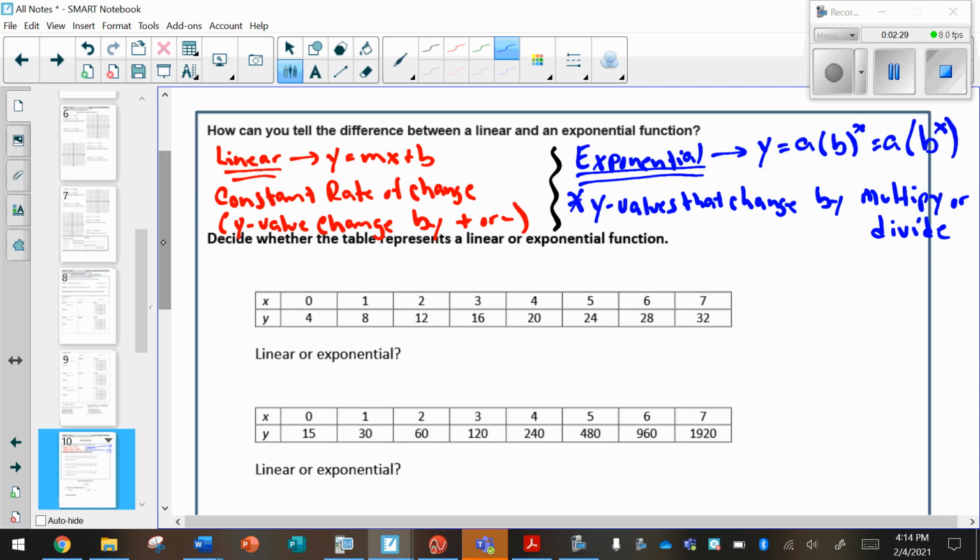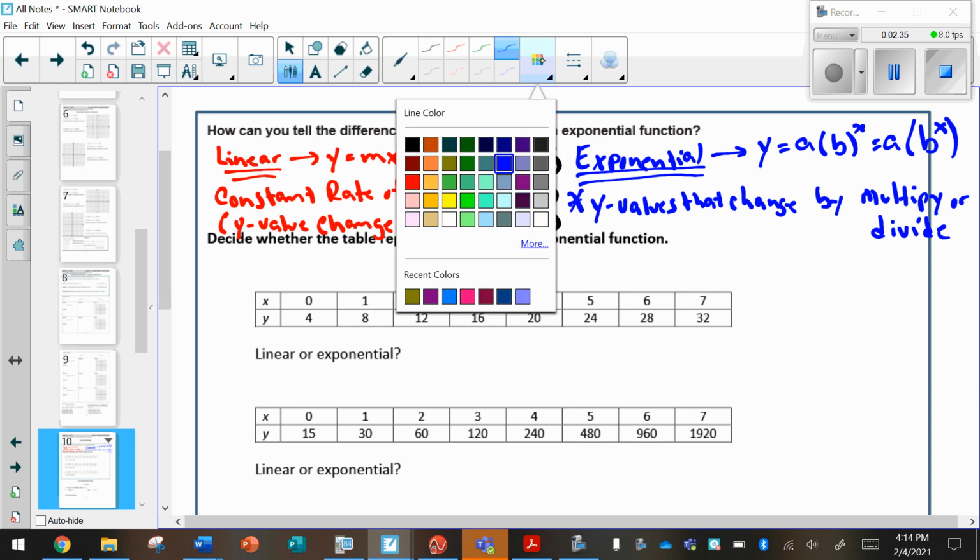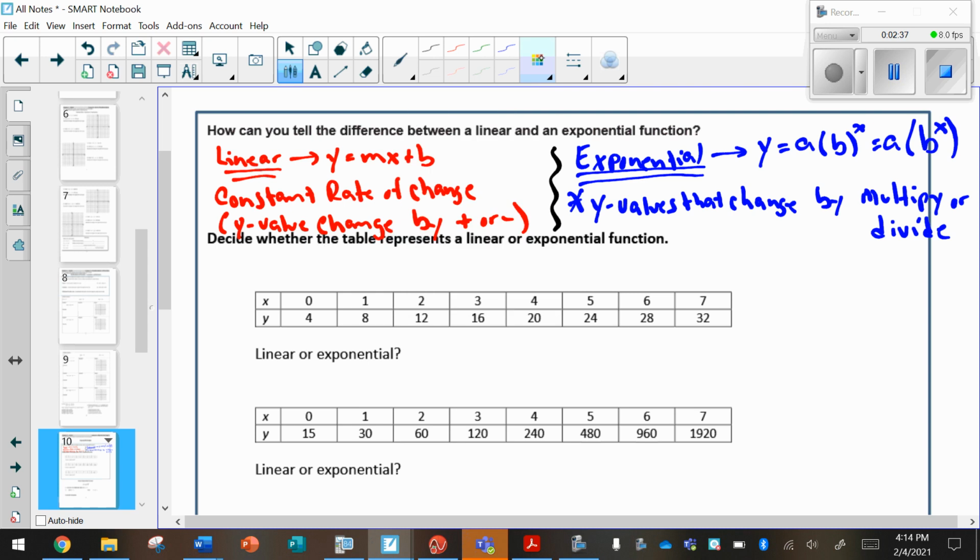That's one thing you're going to have to be able to notice and distinguish between two given tables. So let's try this. When you first look at this table, you see it goes from 4 to 8, and you're thinking, you just add 4. But maybe you multiplied by 2. I'm not sure which one it is, so let's look at the next one.